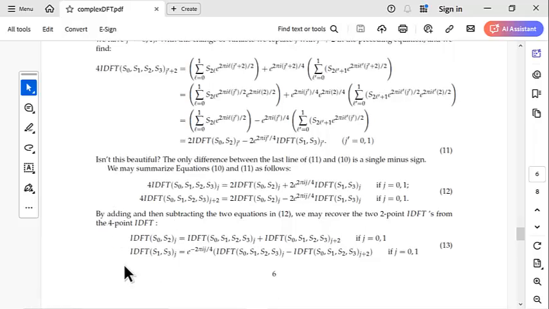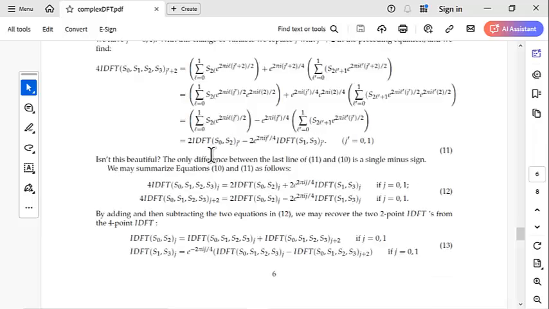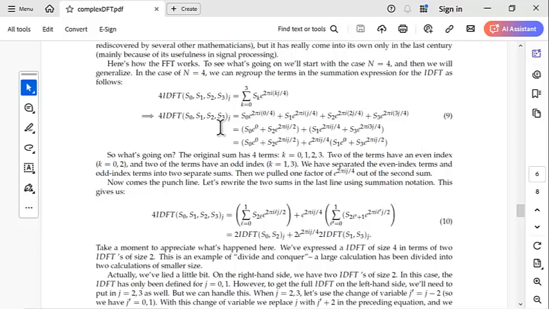It's not going down for me. Let's try again. Okay. So you've got 4 equations here: the S0, S2, S1, S3. Right now, what's the point here? In order to compute the capital S's, what you do is you put in the small s's for this IDFT, right? The small s's are going to go here. So IDFT of S0, S1, S2, S3, j is just small s of j.